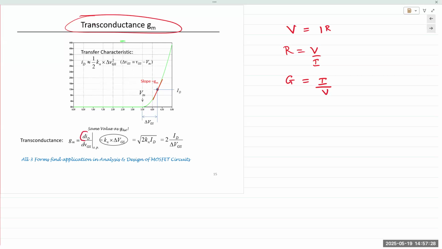So change in output current as a function of change in input voltage, delta ID over delta VGS at the operating point, of course. An important parameter, transconductance GM. Not just for MOSFETs, it's there for BJTs also. And based on the device, the circuit, our application or system or analysis, there are multiple formulae, multiple equations that we can use, 3 of which are shown here.